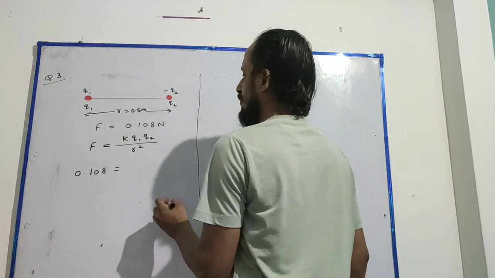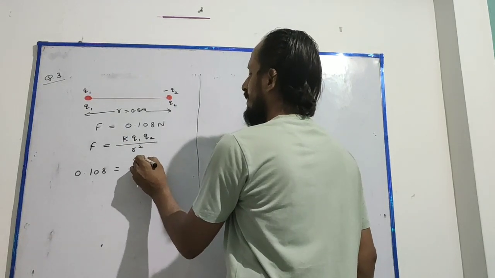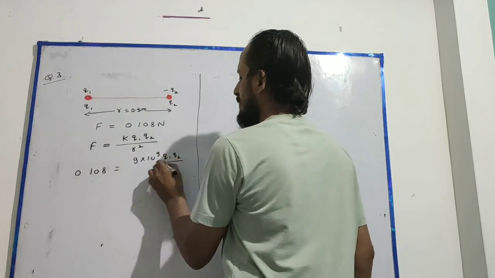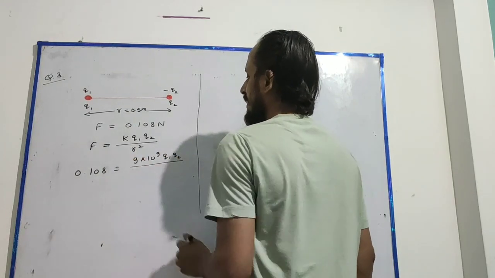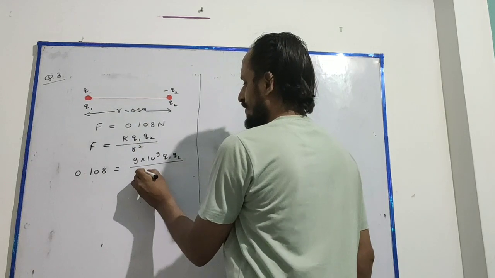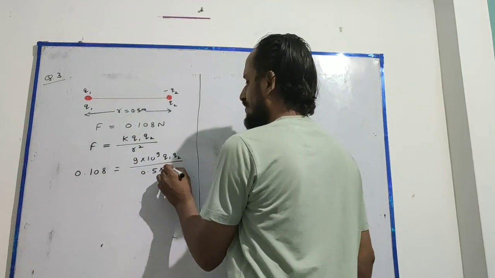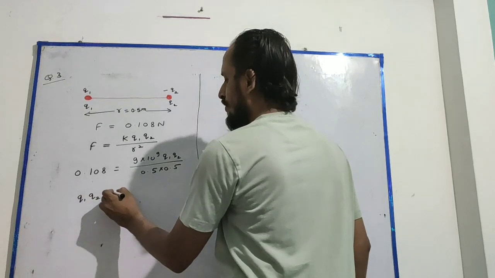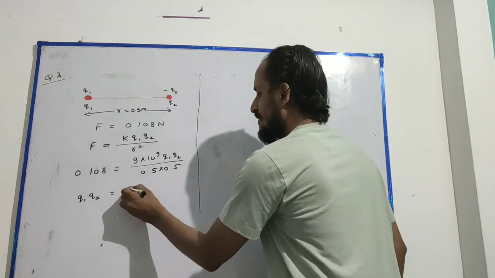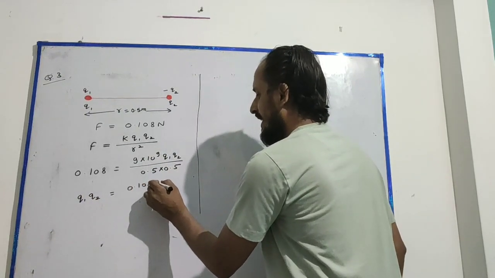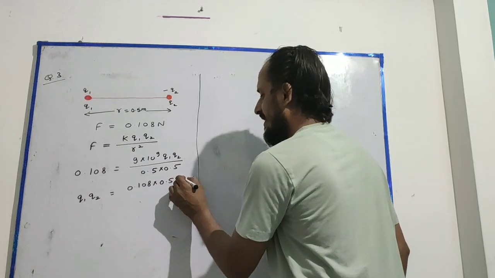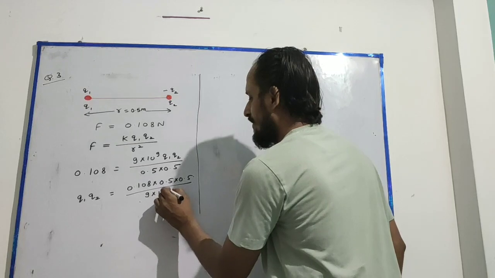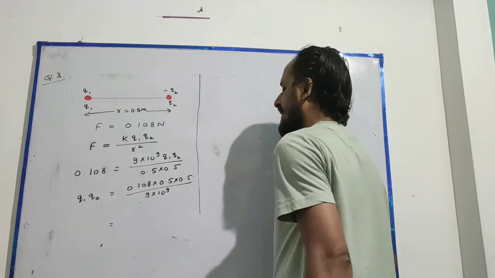0.108 is equal to K, 9 into 10 raised to the power 9, Q1 Q2 as usual divided by R square, 0.5 into 0.5. So Q1 Q2 is equal to 0.108 into 0.5 divided by 9 into 10 raised to the power 9.